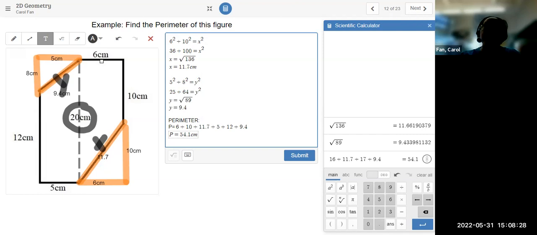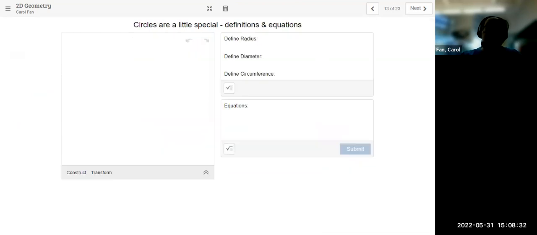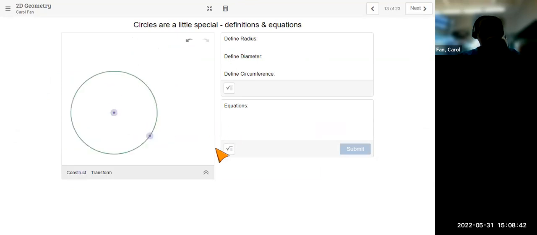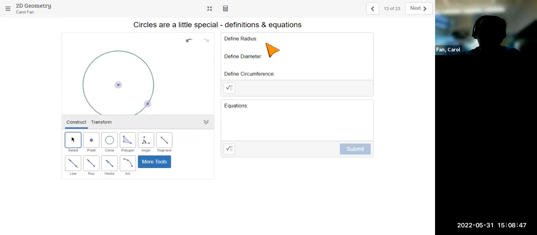Right, slide number 13. The other basic shape that we didn't talk about is a circle. A circle is a bit different because when we're talking about a circle, we have to talk about the radius and the diameter.